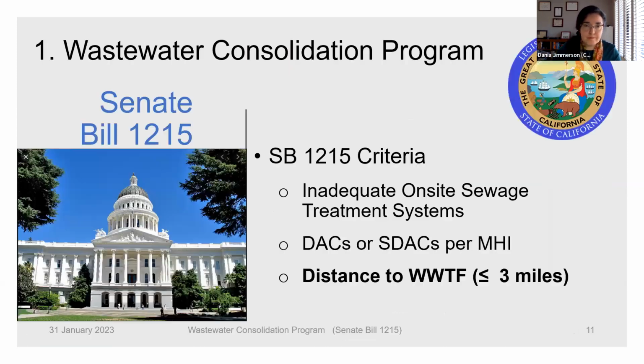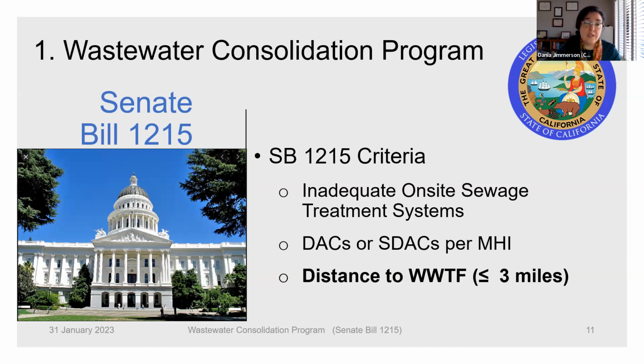So the last criteria for Senate Bill 1215 is the distance from the community to the nearest, in this case, I have wastewater treatment facility, but it's actually the nearest sewer connection point. And within the legislature, that distance is listed as 3 miles, but this is mainly applicable to mandatory consolidations.